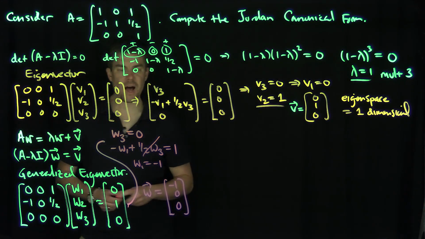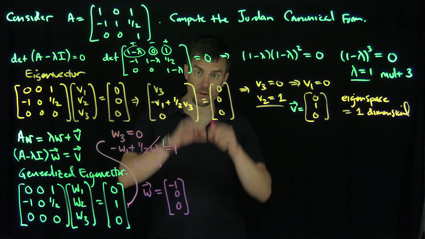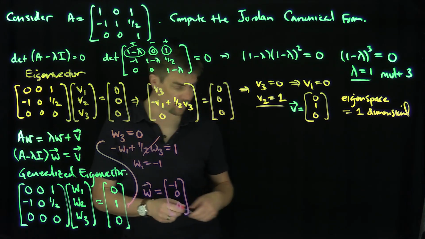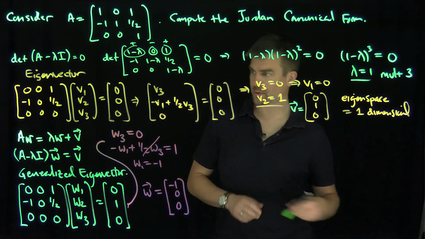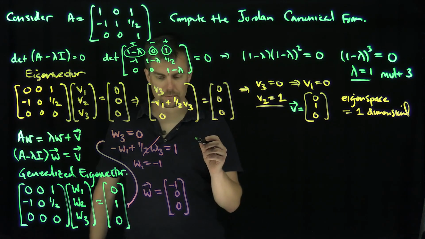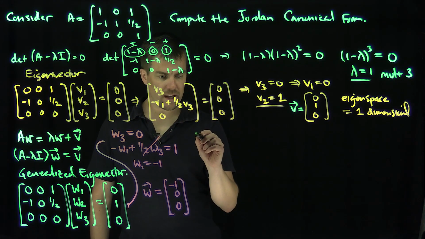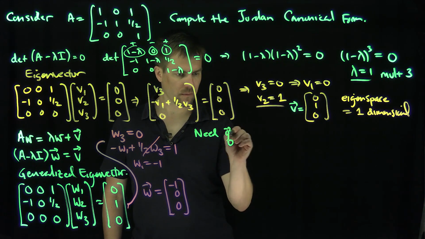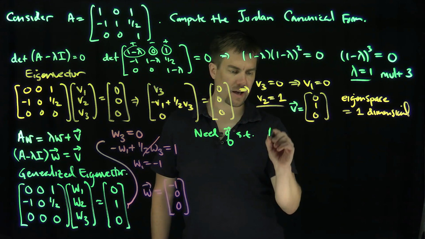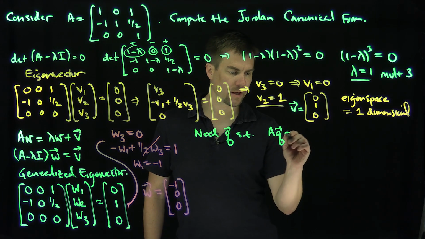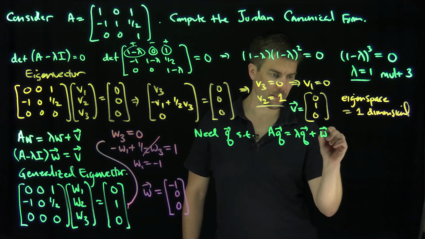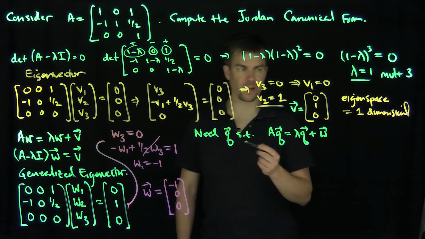Perfect. Now this chain of generalized eigenvectors doesn't stop at this level, so I have to do one more step of this procedure. Finally, we need Q such that AQ is equal to lambda Q plus W. What will this look like as a matrix equation?